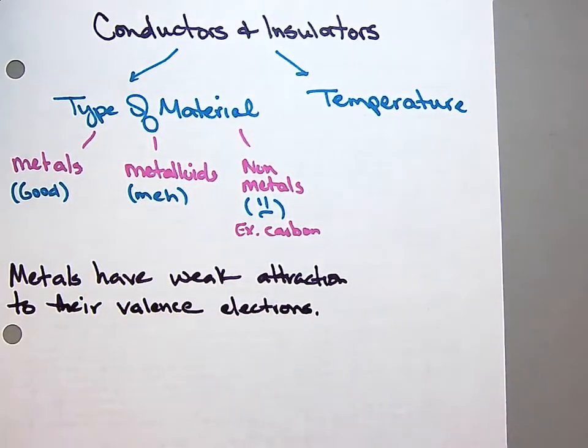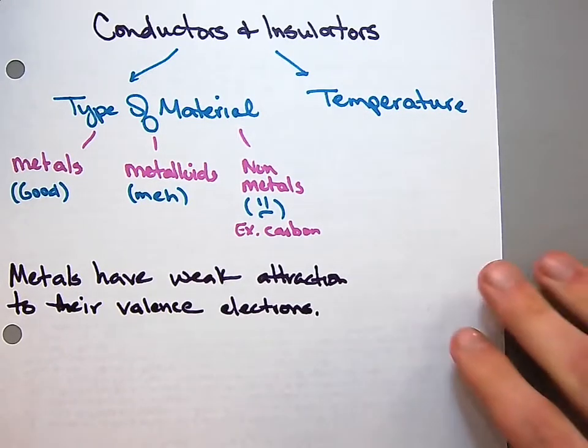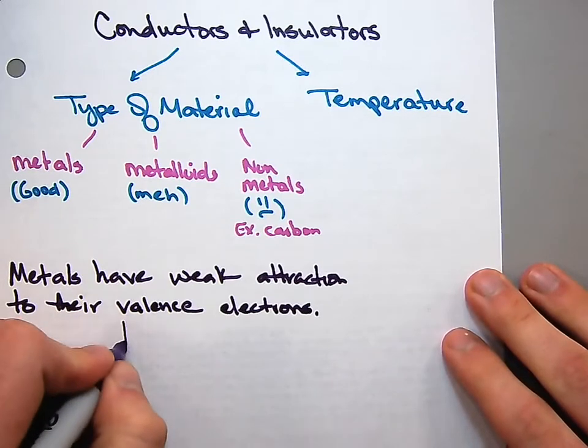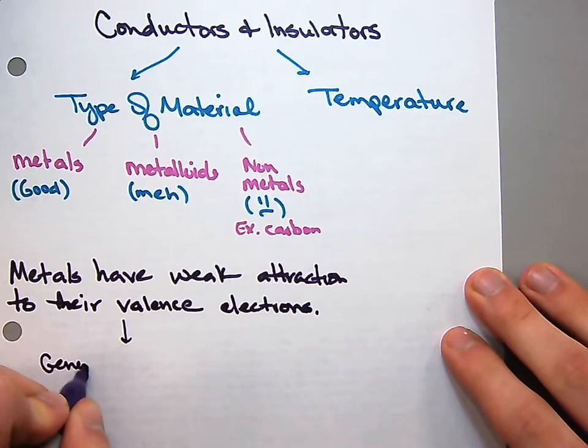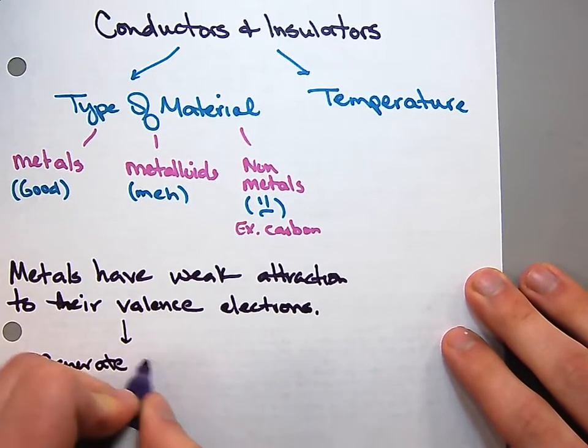So you go up to a metal and say, can I have an electron? Sure, not really a big deal. In fact, some metals have such a weak attraction to their valence electrons that they generate something called an electron soup.